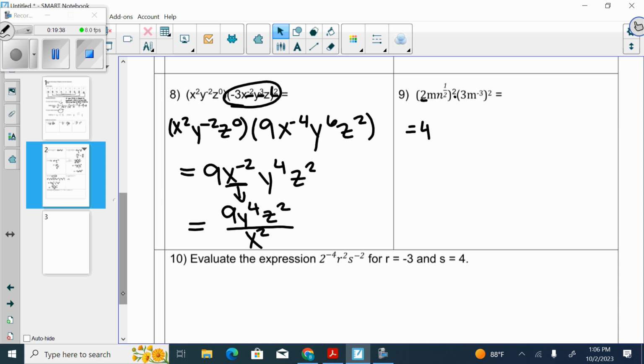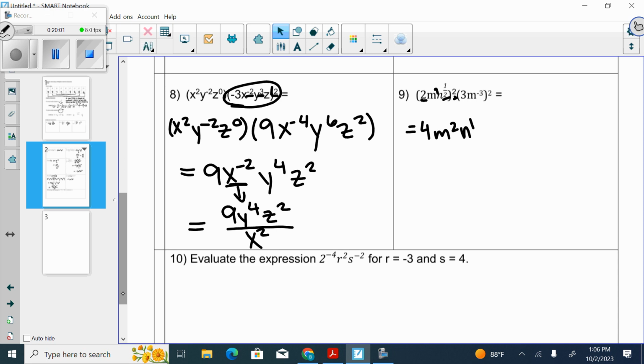Multiply. Alright, so what's my exponent for m right here since there's not 1 written? 1. So what's 1 times 2? 2. Alright, and then for n, I've got 1/2 times 2. What's that? 1.